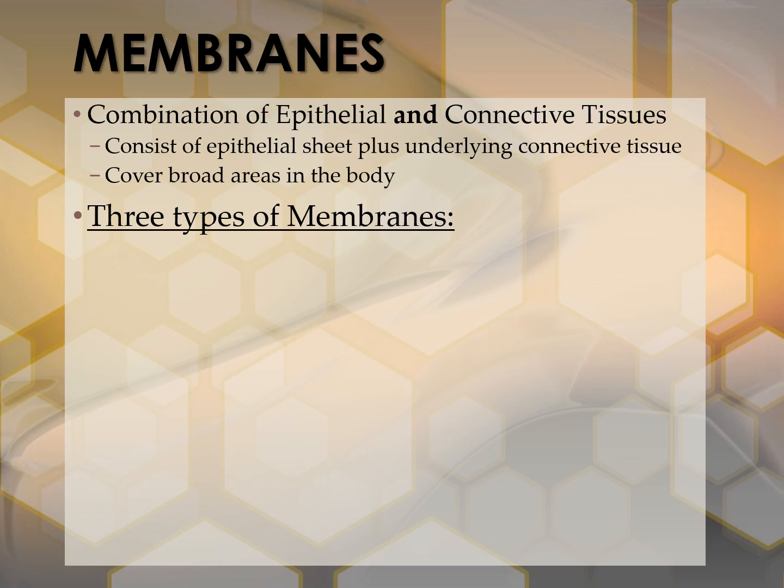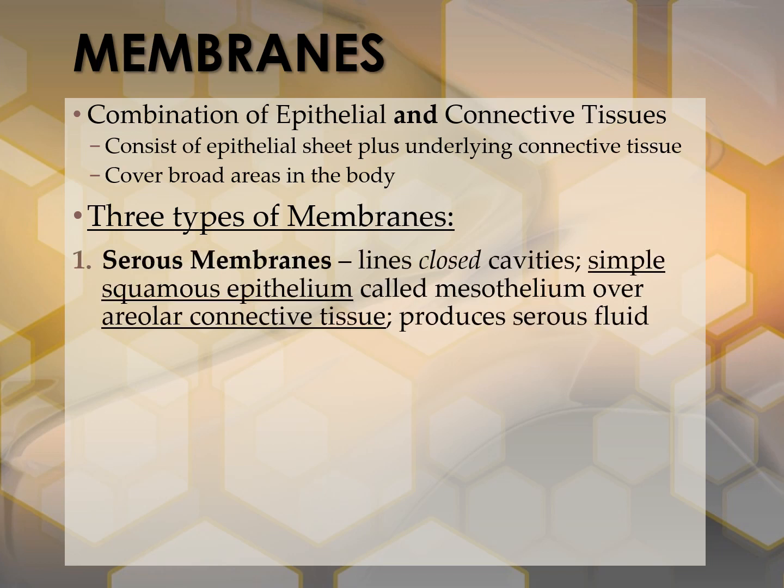And these guys are going to cover broad areas of the body, right? So what are our three types of membranes? And you guys have already seen one of them in our first lecture. Serous membranes. So these guys are going to line these cavities inside the body. So do you remember your 3 P's, your serous cavities, right?